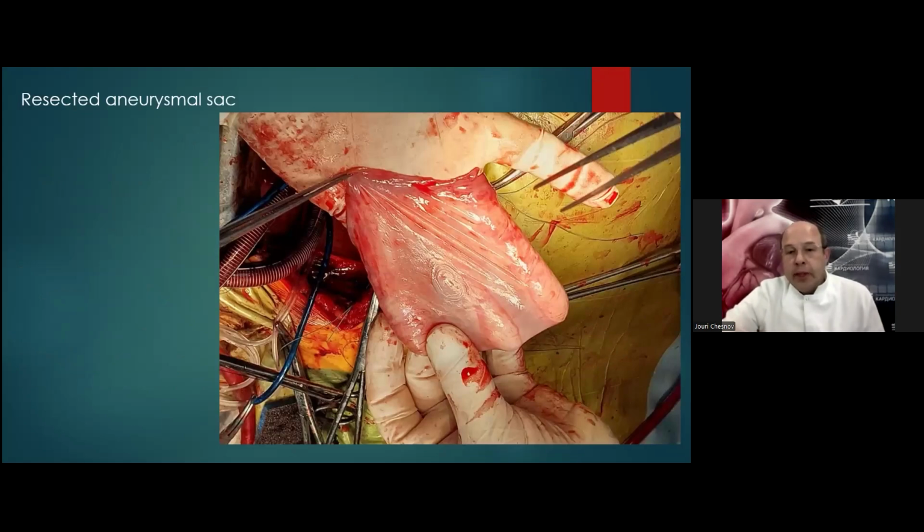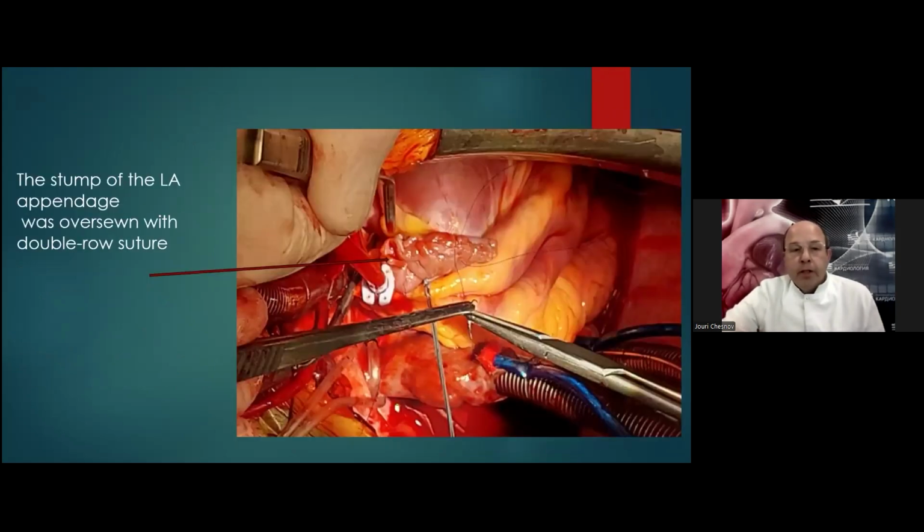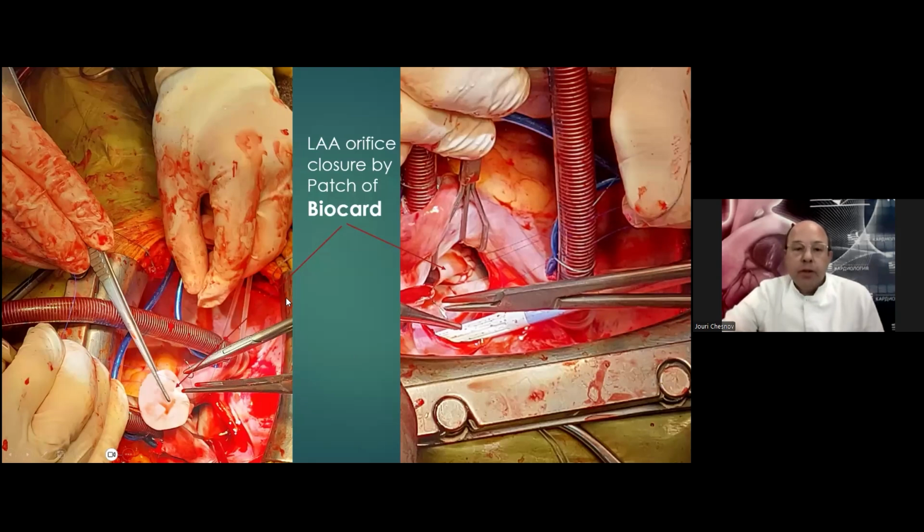Resected aneurysmal sac, and the stump of the left atrial appendage was oversewn with double row suture. And from inside, the orifice of the left atrial appendage was closed by the patch of Biacat. Here is the patch, and here is the closure of the orifice.